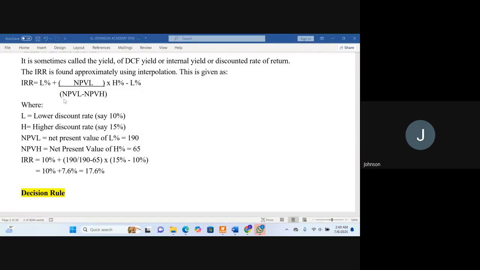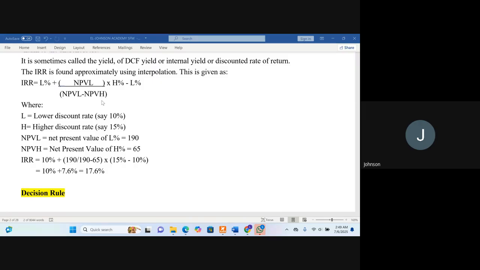IRR is equal to the lower rate cost of capital, the one you use for the project, plus the NPV that you got from using that lower rate, divided by the NPV of the lower rate minus the NPV of the higher rate.